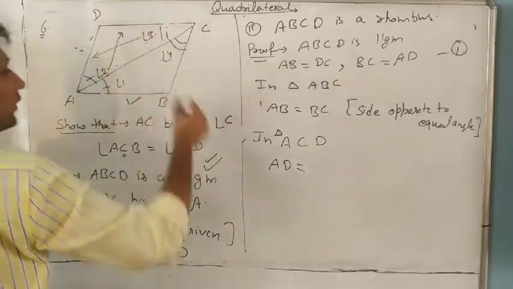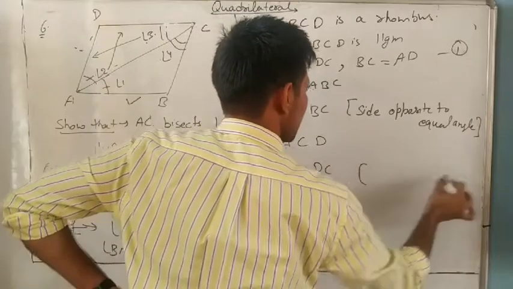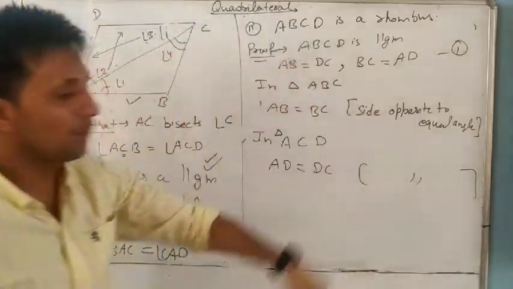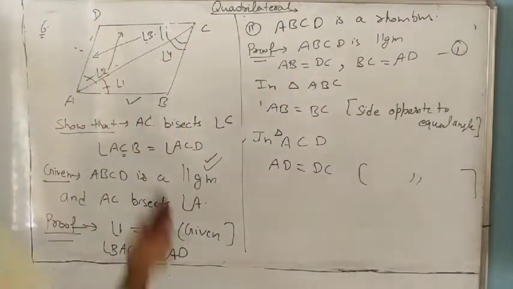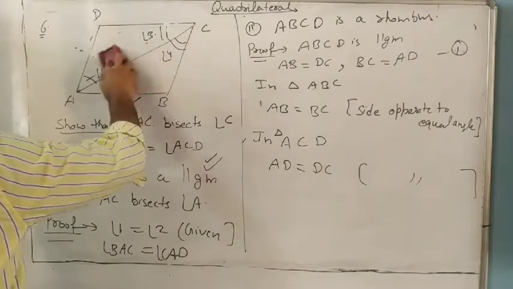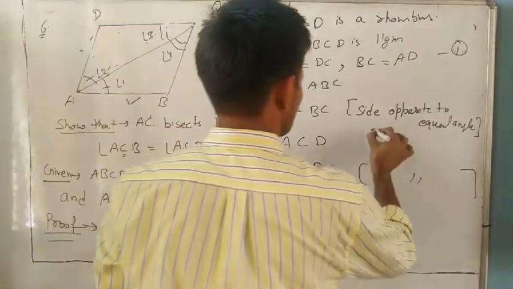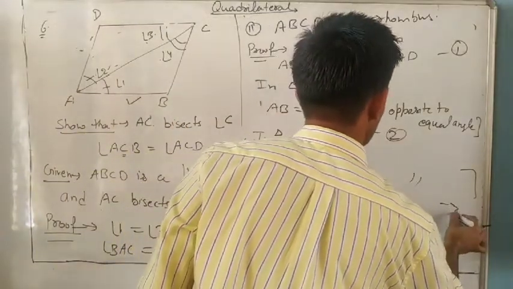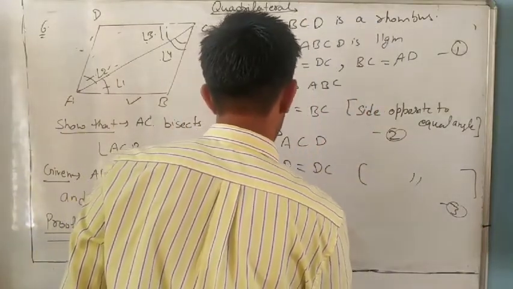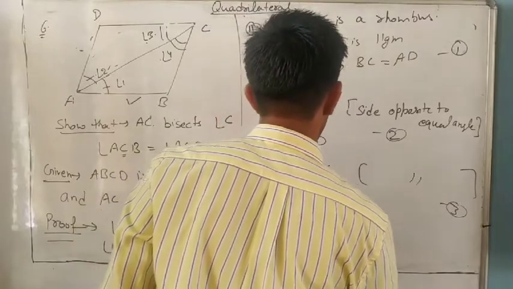This one, so DC. Why? You will write the same reason: side opposite to equal angle. And we already proved the earlier equations, so write by equation 1, 2 and 3.